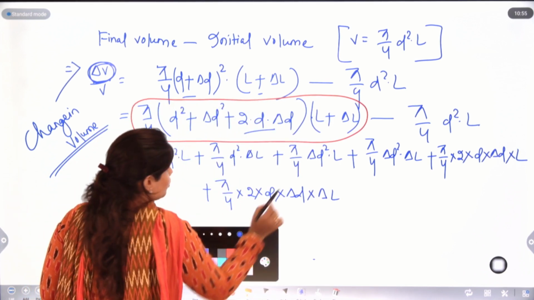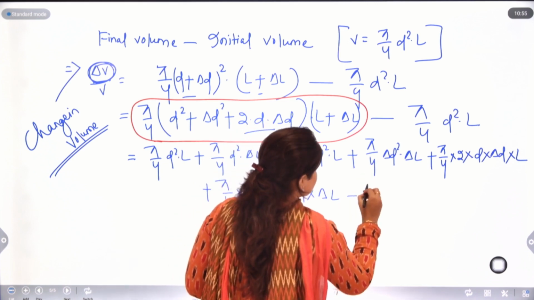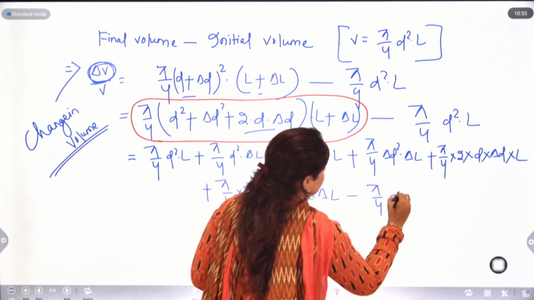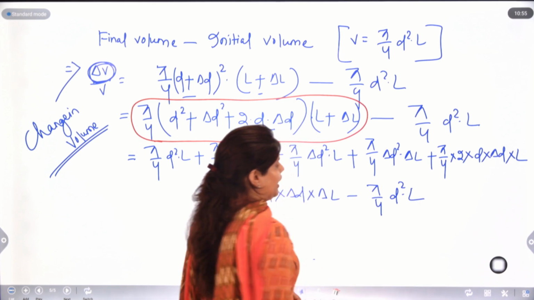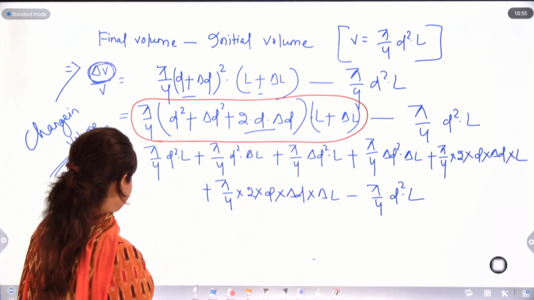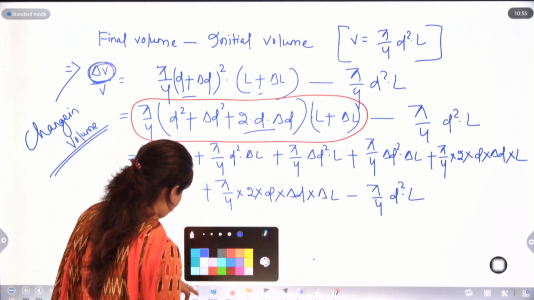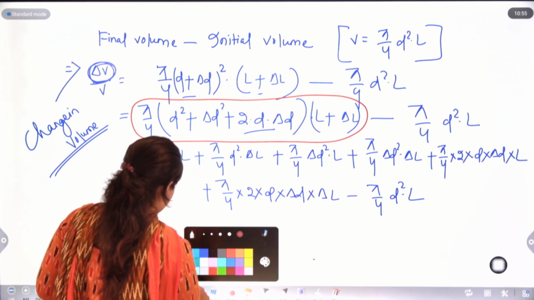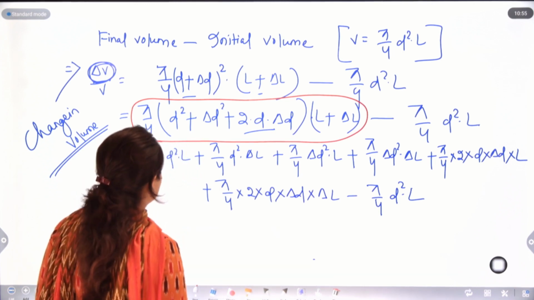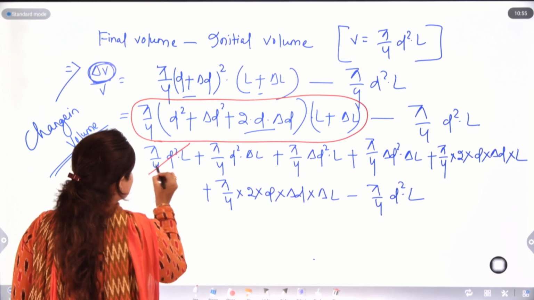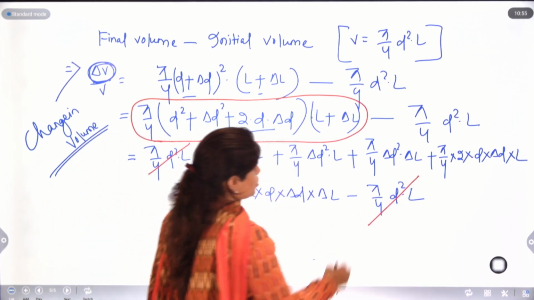Next, this term, minus pi by 4 D square into L. We need to focus. Now we can cancel this term with this term.